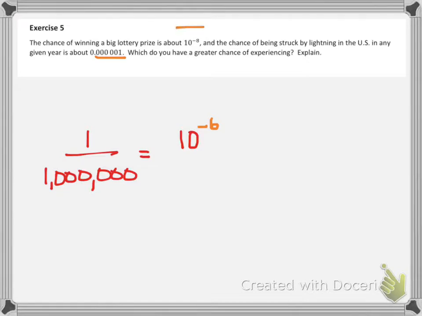And then 10 to the negative 8 would be your chances of winning a lottery. So that means that there are fewer possibilities in the lottery compared to the lightning. So you would have a better chance of being struck by lightning in a given year than you would of winning a lottery.